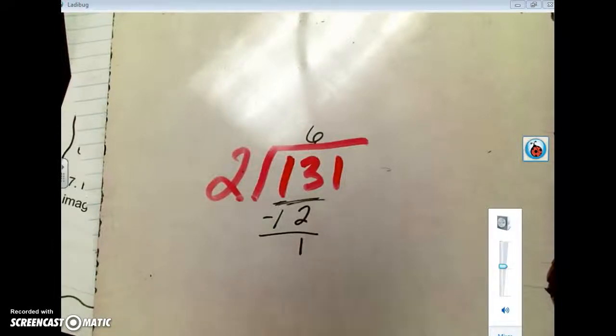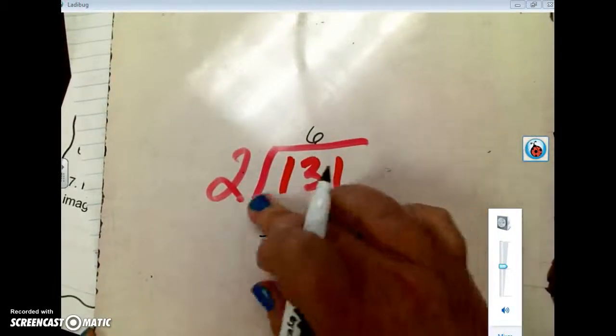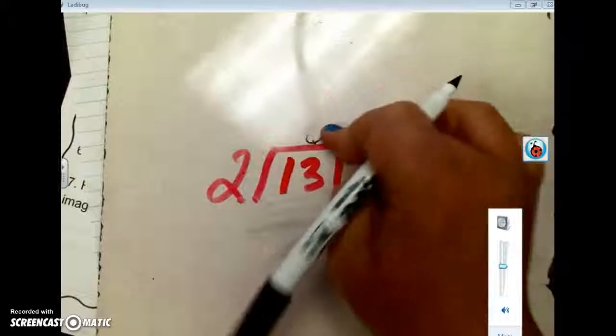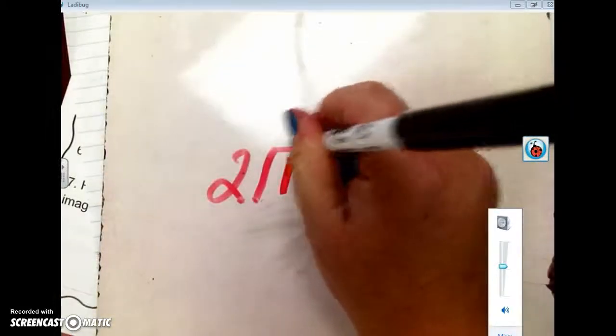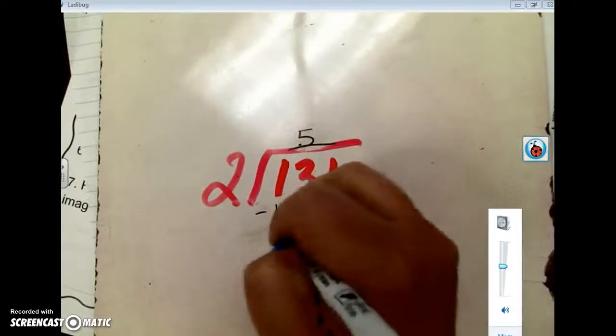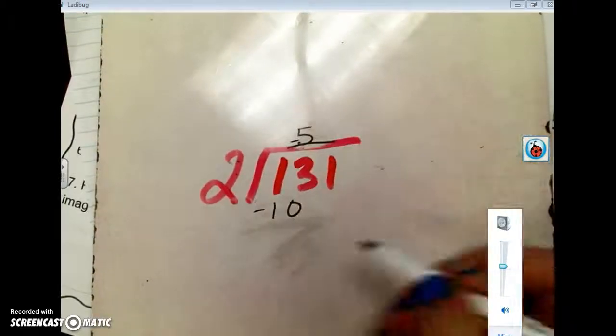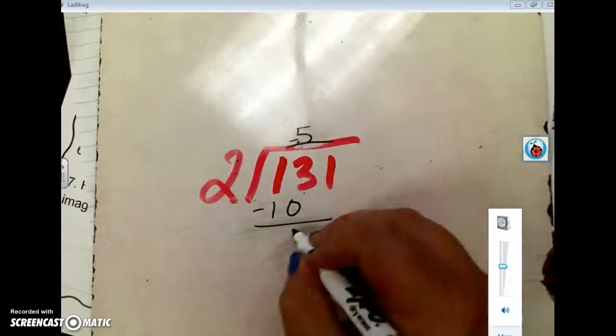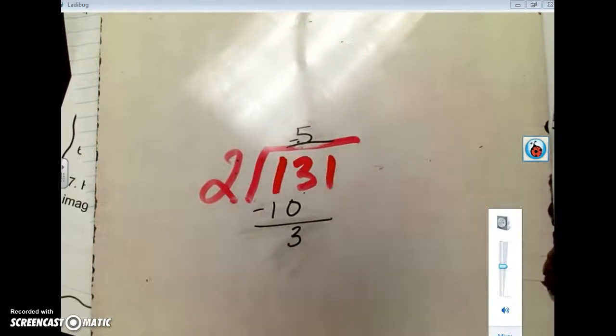I saw many of you, and there wasn't just 1 or 2 of you, there were several of you who put 5 up here. You should be in your seat listening. And then you put 10 here. Well, you're right. 5 times 2 is 10. But do you see when you subtract how you got a 3 here?